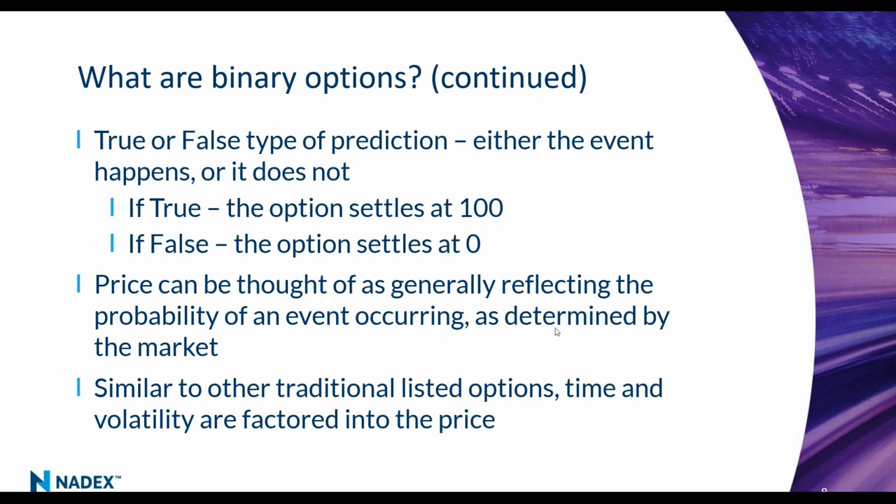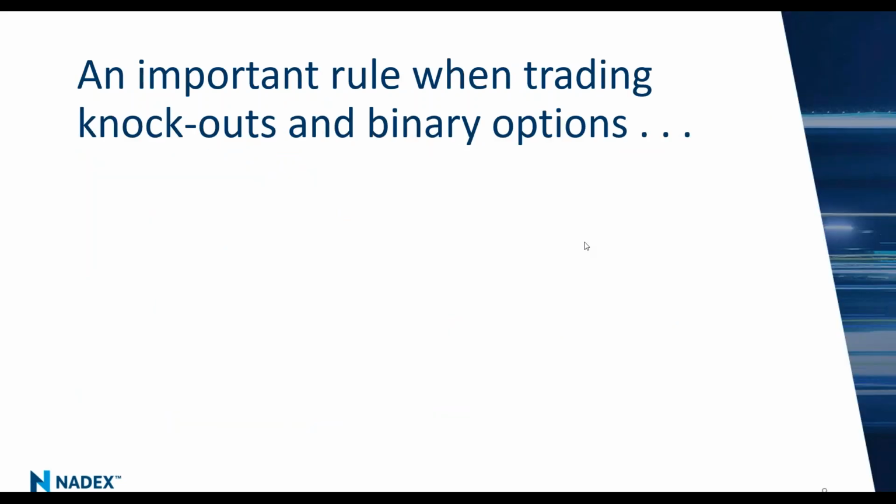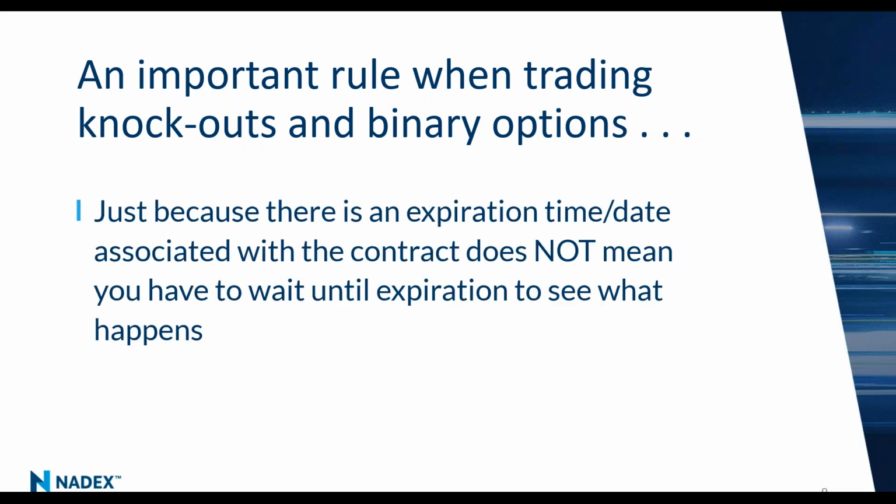Okay, now, one other thing I want to point out before we jump over to the platform and I start showing you examples where I think it really will resonate. But an important rule when trading any product, it doesn't matter what you trade, but I'm going to make it specific to knockouts and binary options. Knockouts and binary options do have an expiration time.